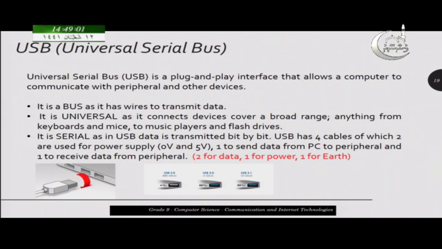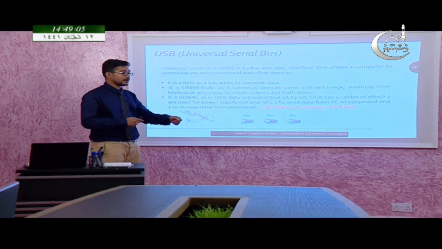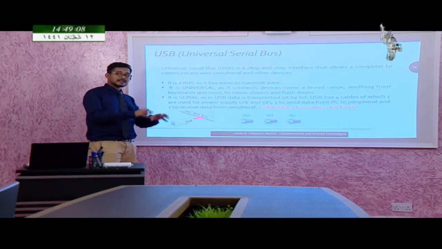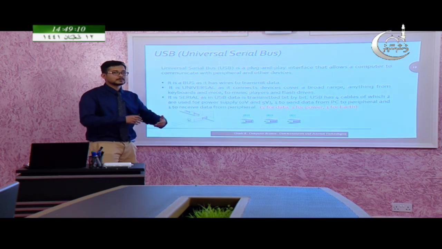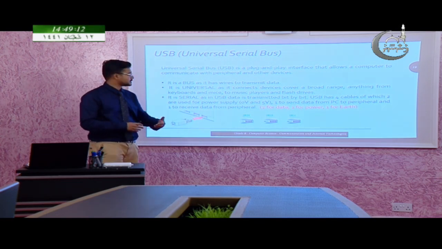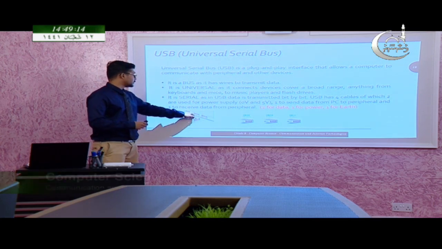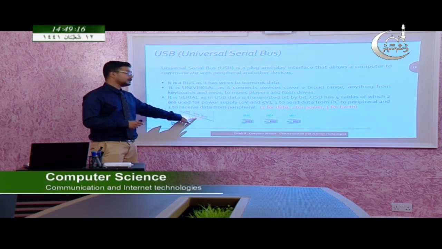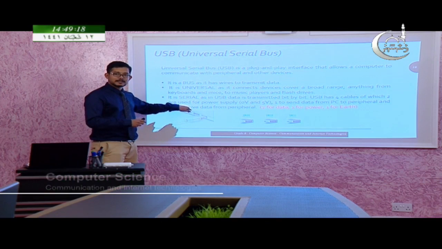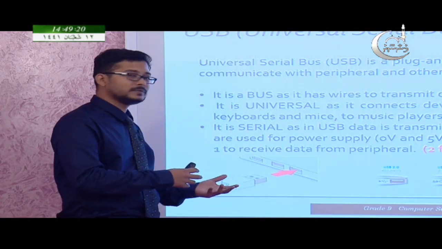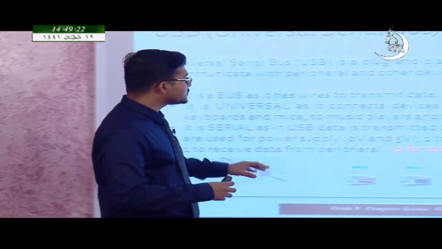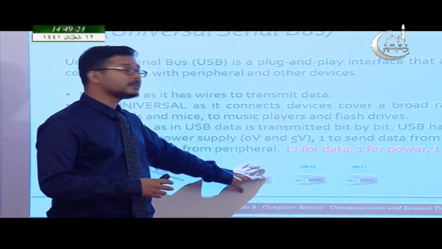Generally, you are familiar with USB. Whatever devices you connect using USB, they will install by themselves and start to run. So most of the devices are plug and play devices. When you connect the USB port, you will be able to connect it only one way. You can't connect it the other way, so the chances of damage are very low. Most USB devices are backward compatible.